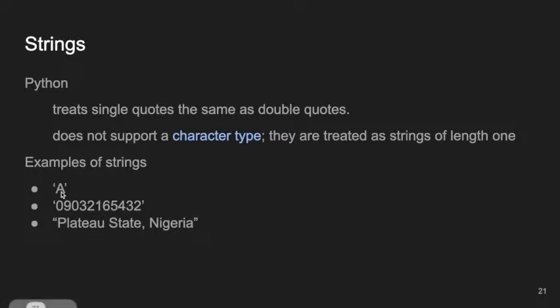Whether it's just one character like A in quotes, or a phone number, it's a string. You know a string literal because you see quotes, whether single or double.